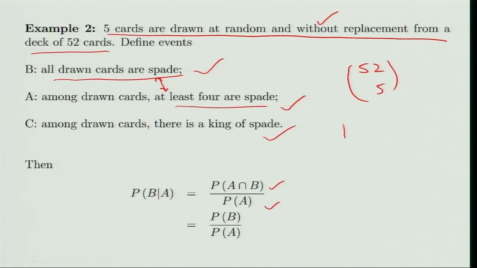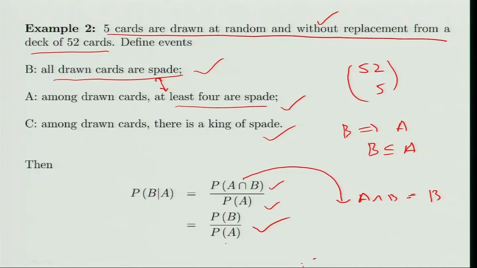So B implies A. And in mathematics you know that if an element of B implies element of A, that means B is contained in A. Now if B is contained in A, then A intersection B is the same as B. So the probability of B given A becomes probability of B divided by probability of A.